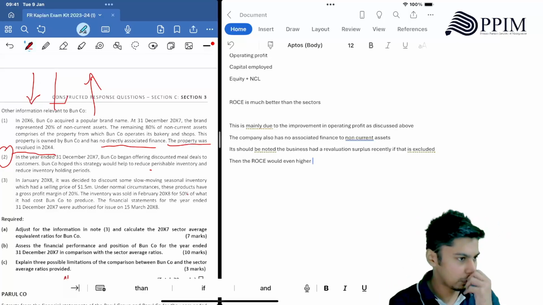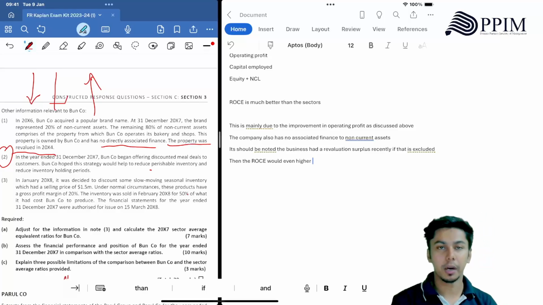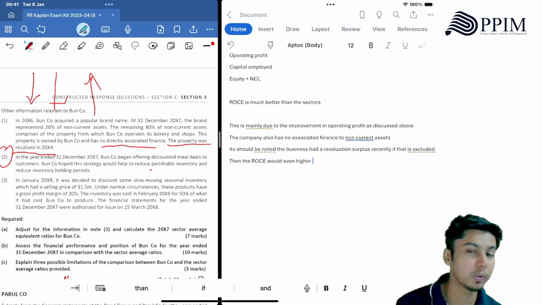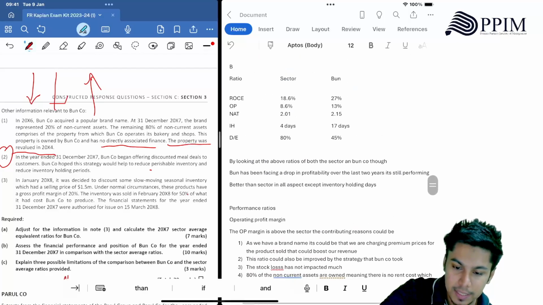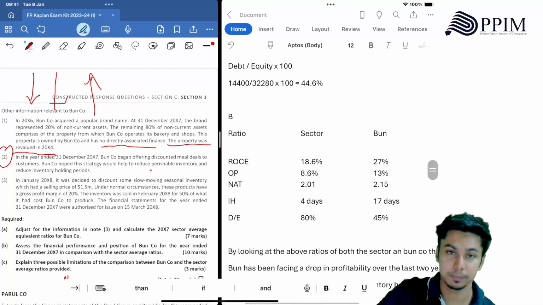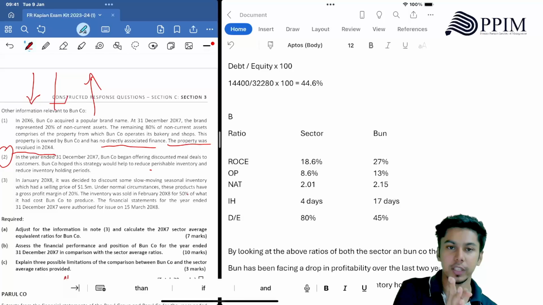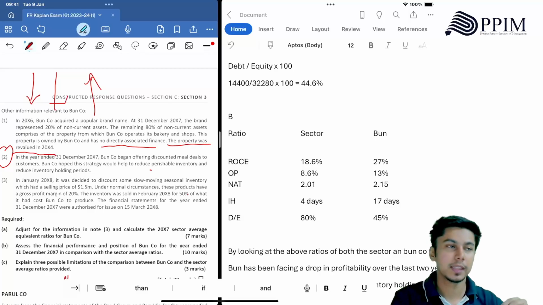Now why do I mention it like that? Different organizations have different accounting policies. We are comparing our answer with the sector, and we don't know whether the sector is using the cost model or the revaluation model. Let's say in the sector people are using the cost model for non-current assets.